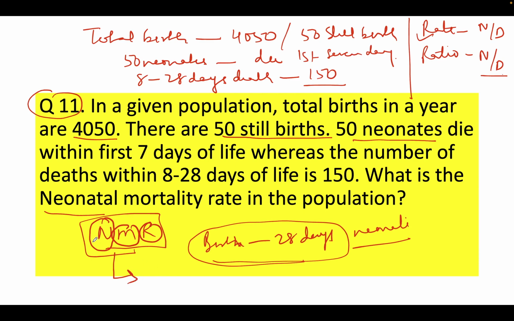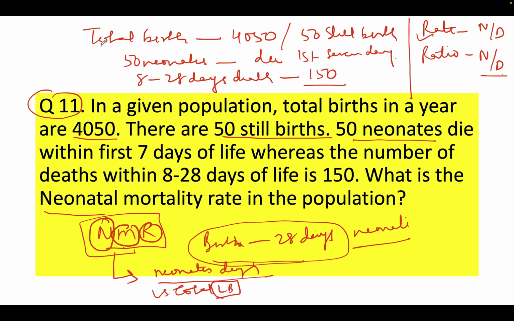Neonatal we have understood, and mortality is death. So it is the number of neonates who are dying out of total live births. Those kids who were born as a live child and subsequently died will be considered as live births.